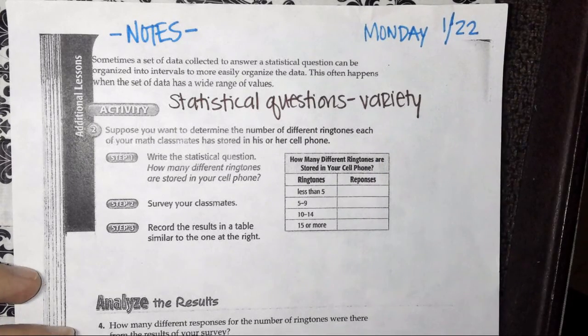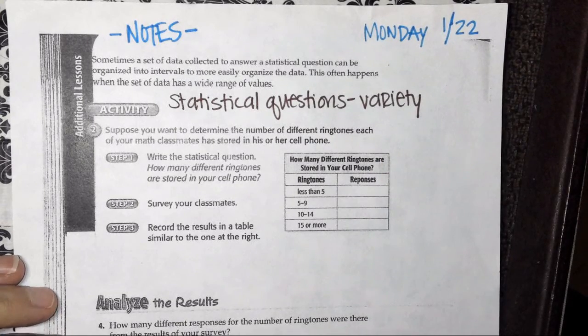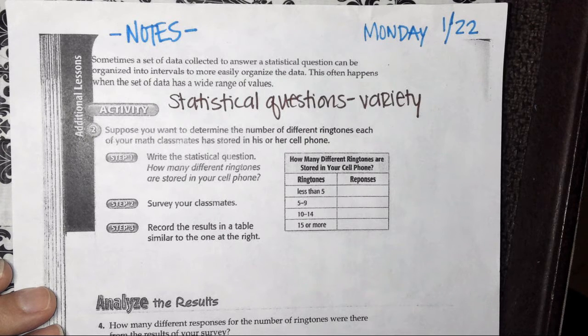If I were to ask you what today is, and you would say Monday, that is not a statistical question because there is one answer. If I were to ask the class what your favorite day of the week is, we would have a variety of answers. So that's where it would become a statistical question, when you have variety.